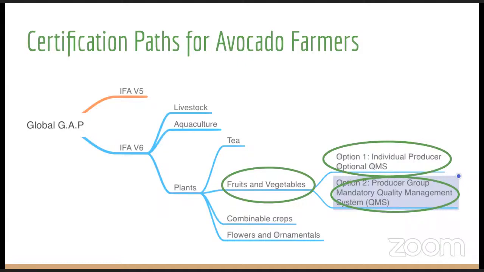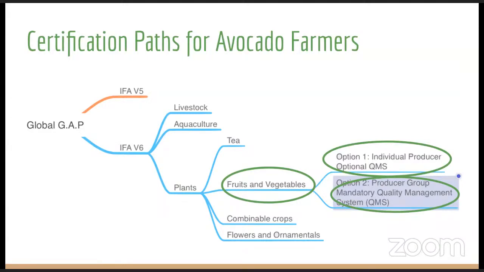So, as I said, we have the Integrated Farm Assurance program that Global Gap runs, and they have different versions. Until last year, they were at version 5. And as of September of 2022, they introduced version 6.